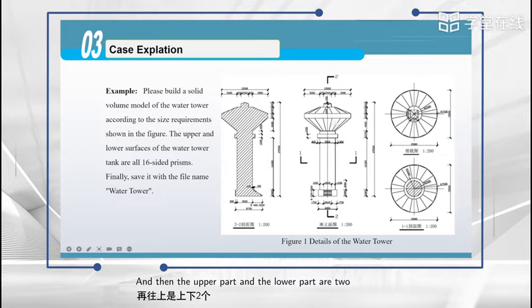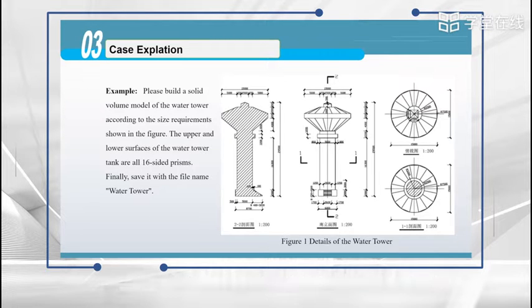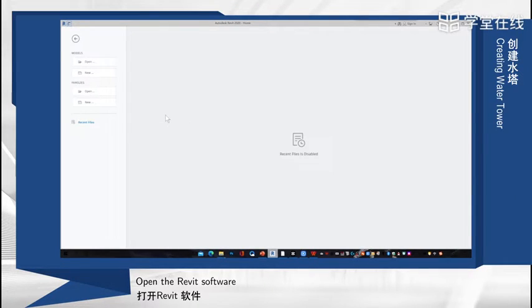And then the upper part and the lower part are two 16-sided frustums and a cylinder. The upper part of the tank is a box with height 1,000 millimeters and a bottom shape of 2,500 millimeters by 2,500 millimeters. At the top of the water tower is a 500 high regular quadrangular pyramid.